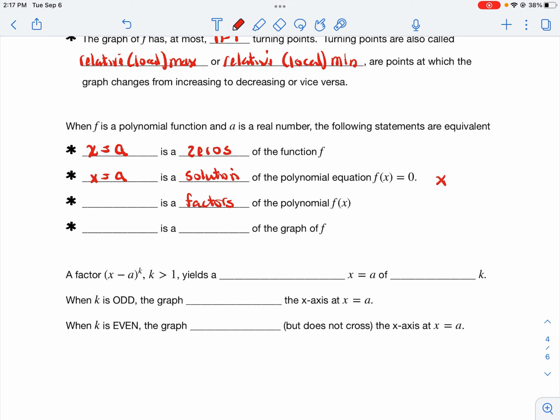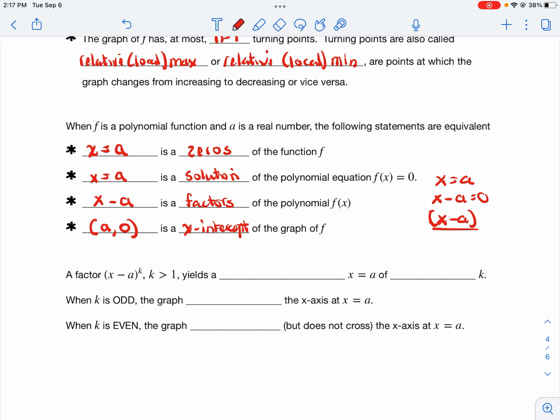You take x equals a, set it equal to 0, and the factor is the left-hand side, so x minus a is the factor of that polynomial. If I ask you to find the x-intercept, by definition, it's the point at which the graph crosses the x-axis, so it's written as an ordered pair, a point where your x-coordinate is a and your y-coordinate is 0. In order to find all of these you do the same process: you set f of x equal to 0, so y is 0. Just how we write the answer is slightly different.